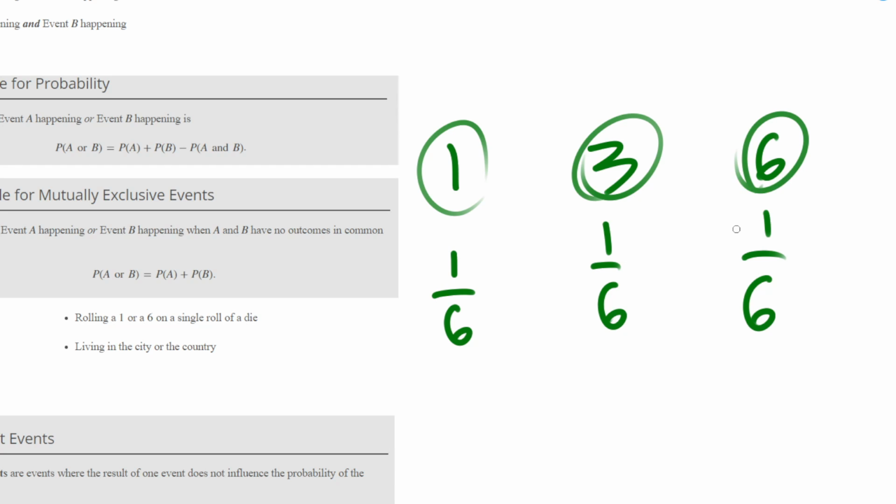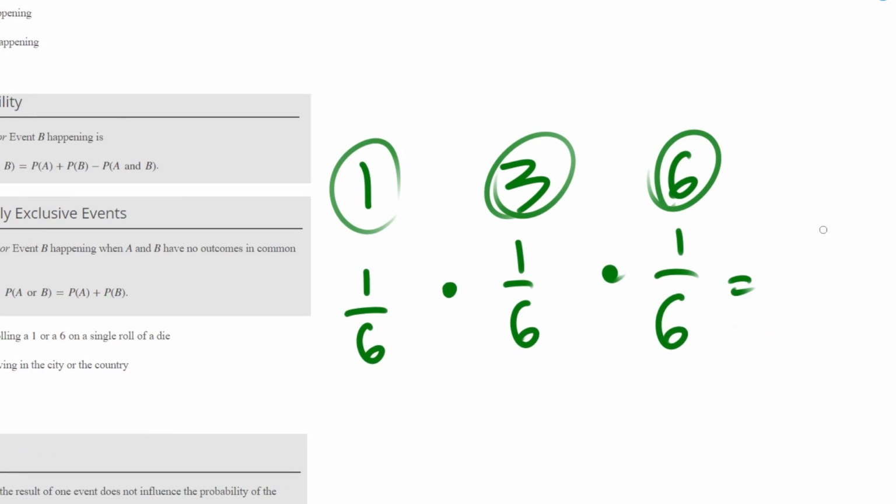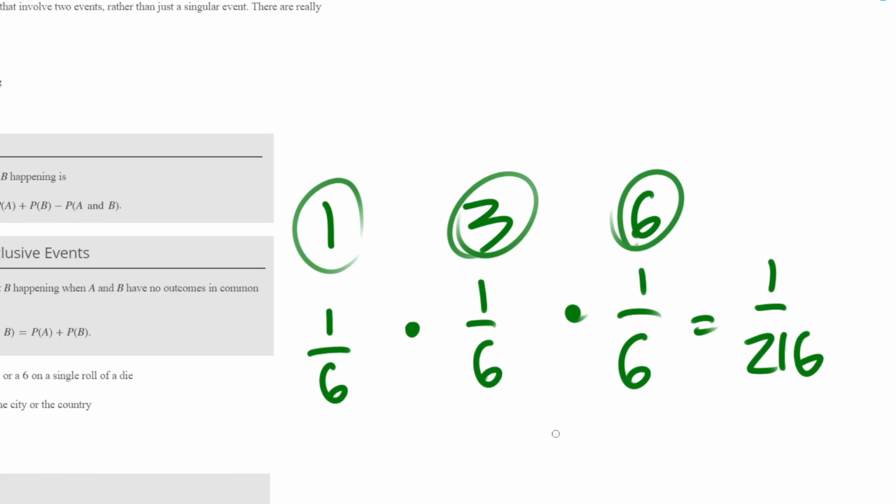However, we can't just add these together because this happens each time. So we actually have to multiply them, which will give us 1 over 216. Because we're just multiplying straight across, right? So the probability gets a lot more tricky when there's an and involved.